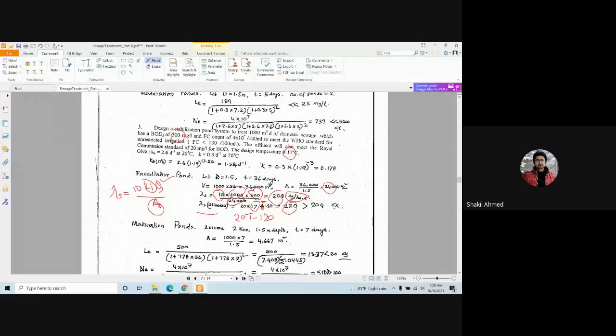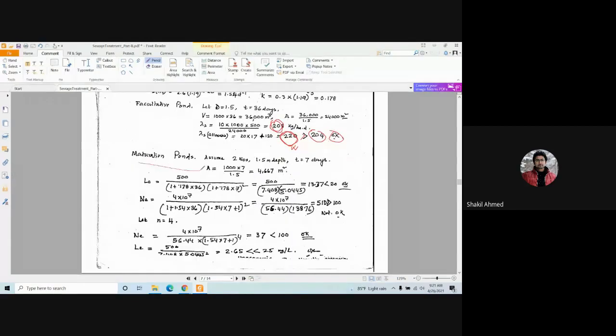Now compare this value with this value. This is your allowable limit. So this has to be smaller than this. So this is smaller than this. So fine.